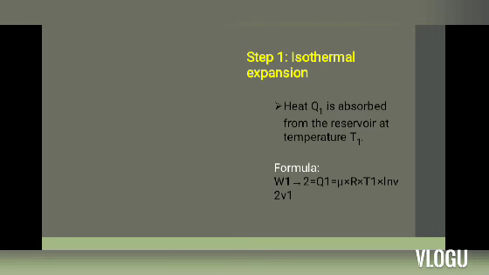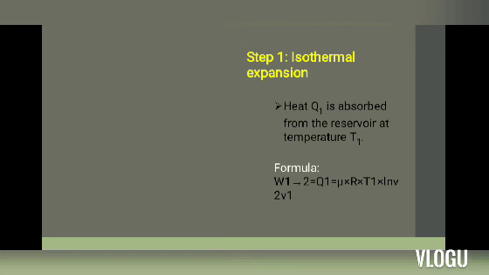Okay, so the first step of the Carnot cycle is isothermal expansion. Heat is absorbed from the hot reservoir at temperature T1, because none of the heat goes into changing the temperature of the gas.